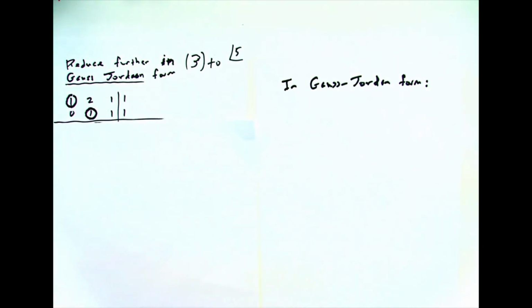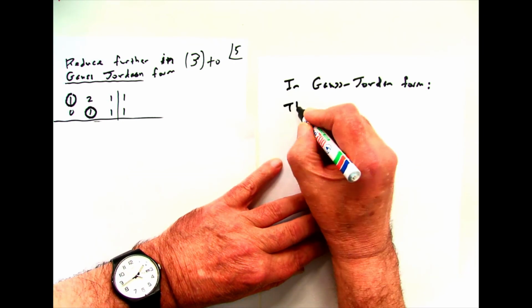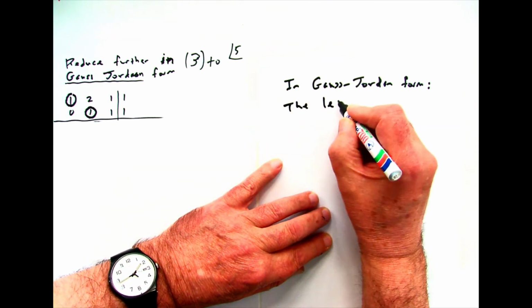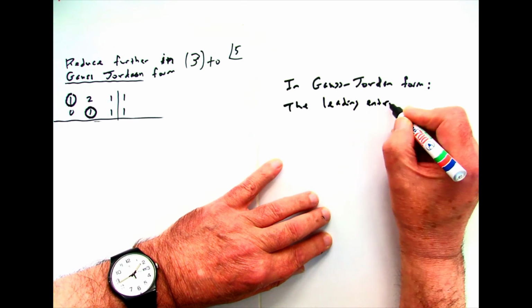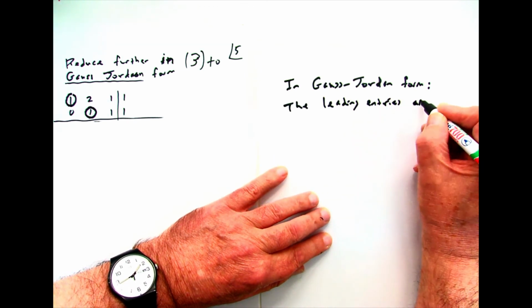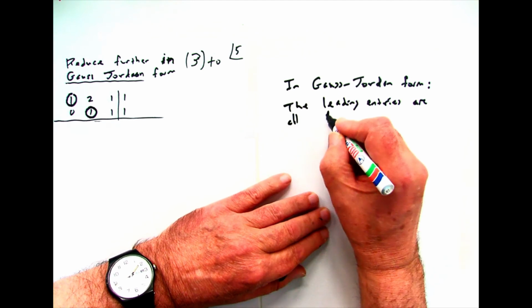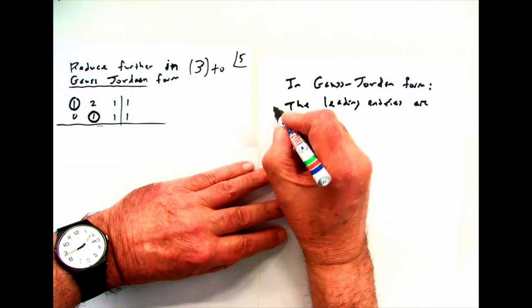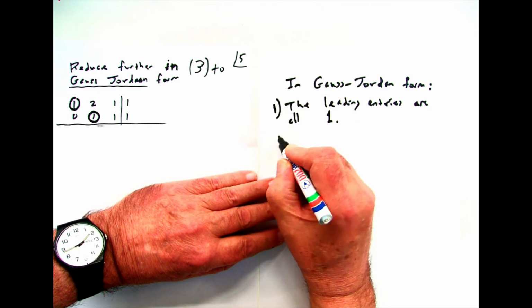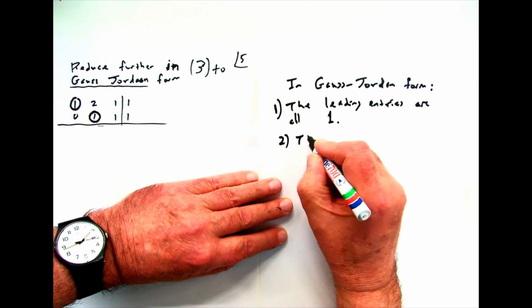So there are two things. Firstly, the leading entries must be 1, which we've got here. I've circled the leading entries. They are 1.